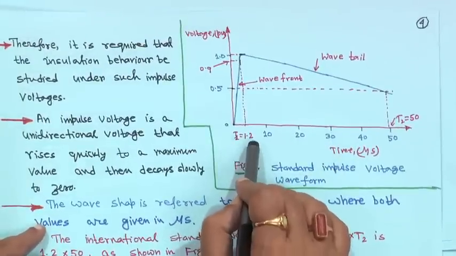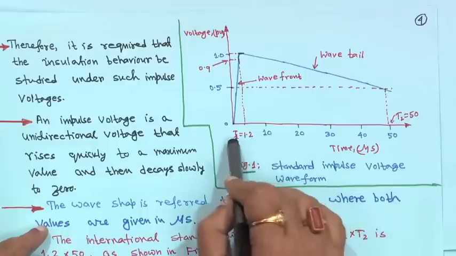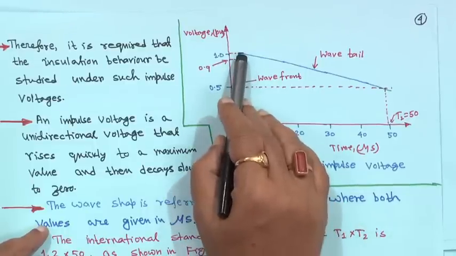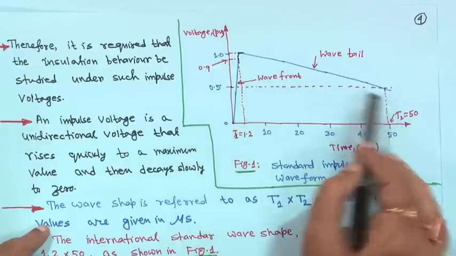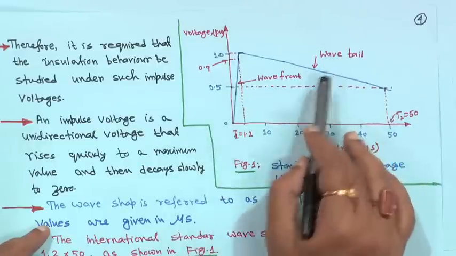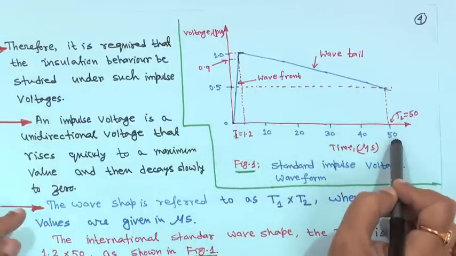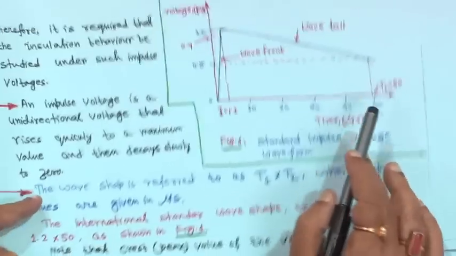If T1 is equal to 1.2 microseconds, the voltage reaches its crest value, that is the peak value, 1. Finally, this is the wave front and this is the wave tail, and it reaches 50% of the peak at 50 microseconds. That is T1 into T2, as shown in figure 1.